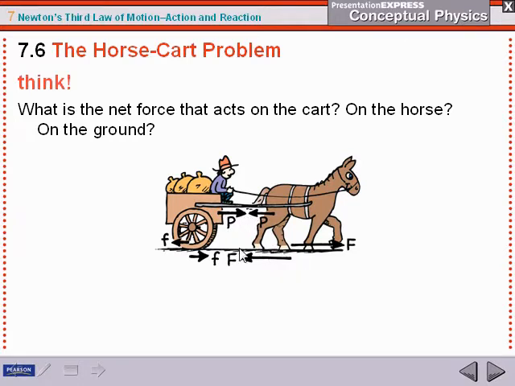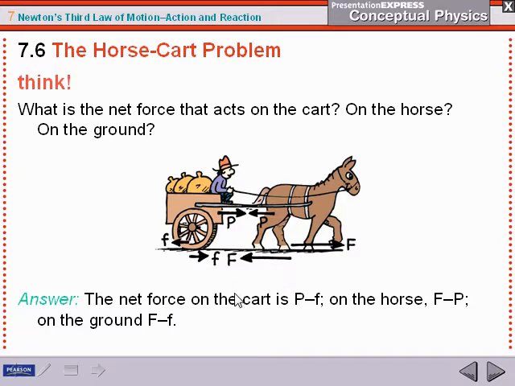And then lastly, the ground: it's the push of the horse going backwards, and the friction, remember these are a pair right here, going in the forward direction. So the net force on the cart is P minus F, big P minus little f. On the horse, it's big F minus little p, and on the ground, it's big F minus little f.